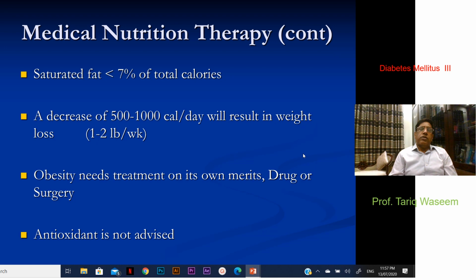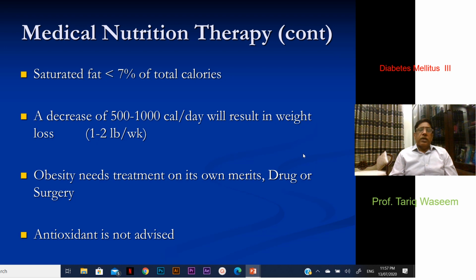Say if you decrease your caloric intake by around 500 to 1000 calories per day, you can lose weight for about 1 to 2 pounds per week, or maybe 1 kg per week. Now this is again very important, particularly in obese diabetic patients, where obesity is a major factor in not achieving glycemic control.